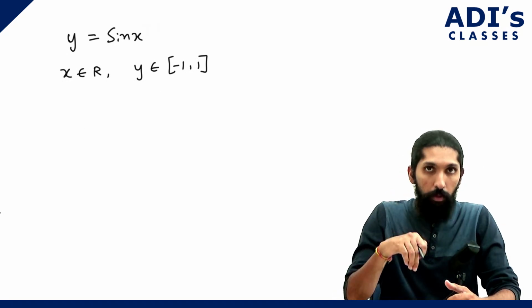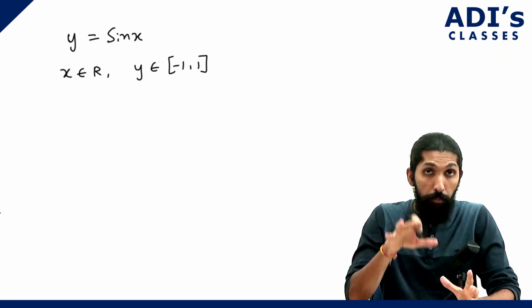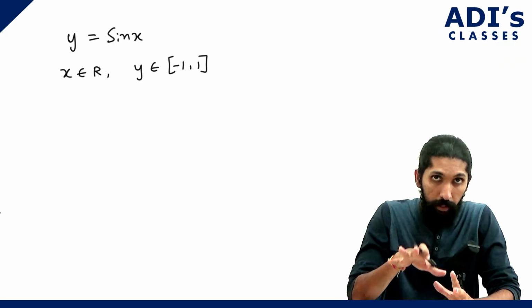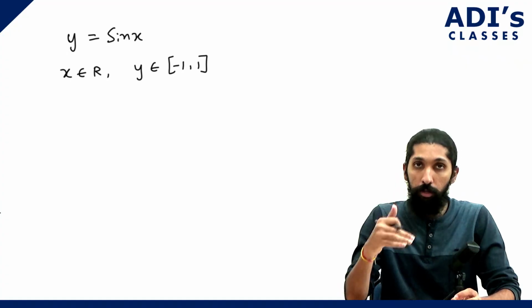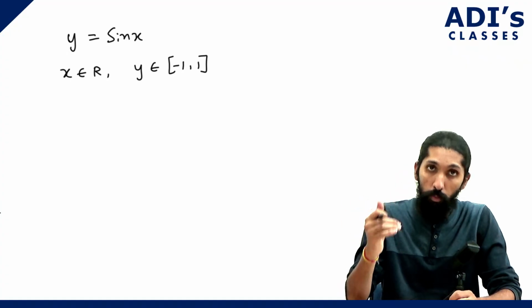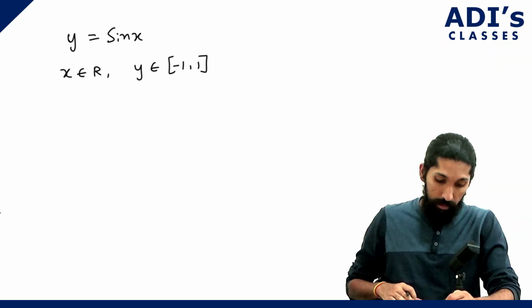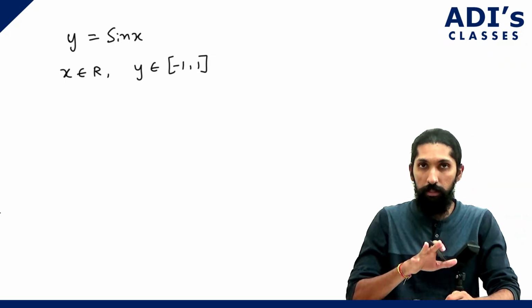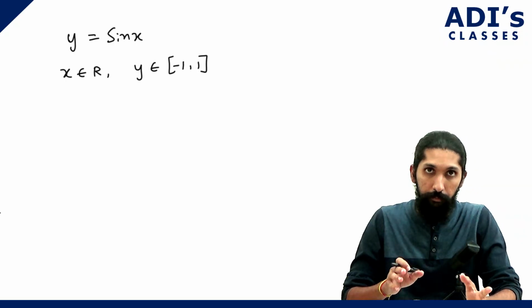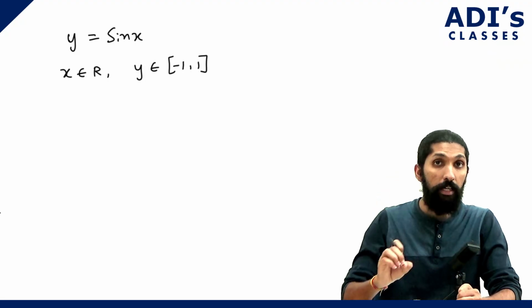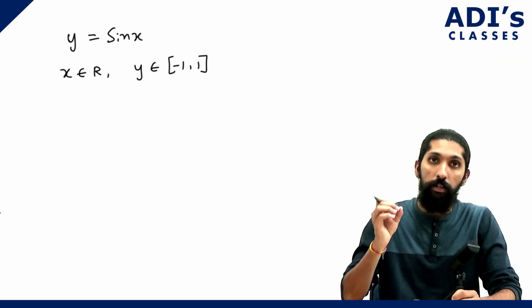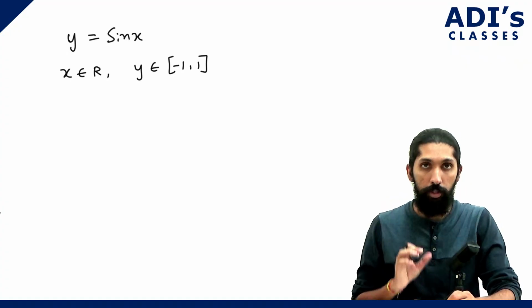Now the next thing is, suppose you have to calculate the derivative of an inverse trigonometric function. You have y is equal to sin x, but that's not really what we need, correct? So let's derive the derivative of an inverse trigonometric function right now.